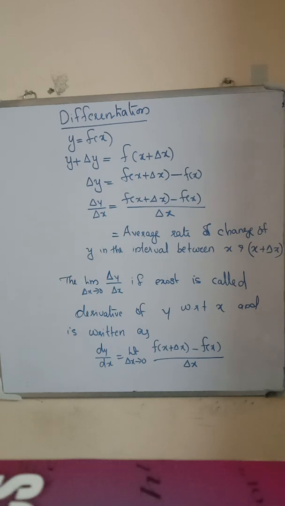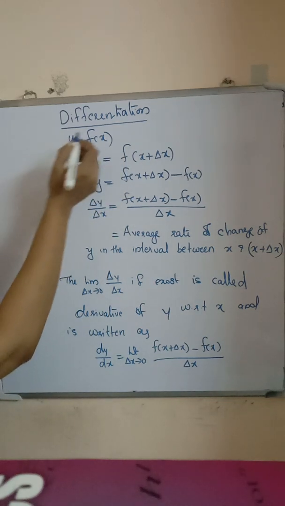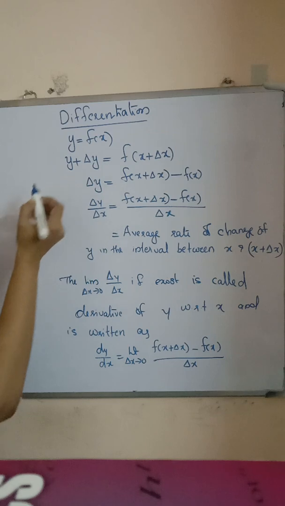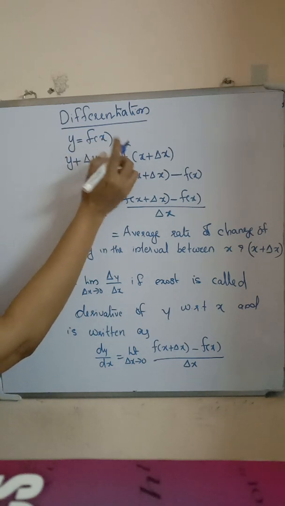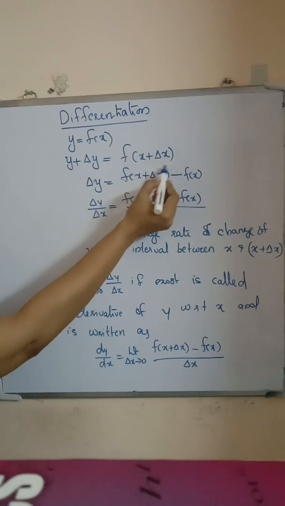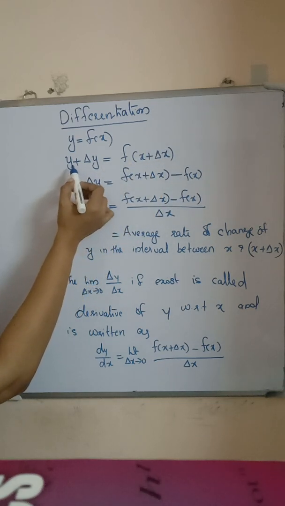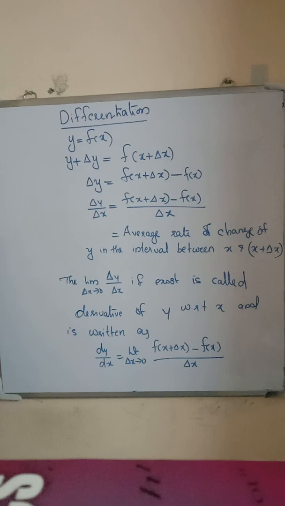Here y is equal to f of x. If y is equal to f of x is a given function, a small change in x: if x changes to x plus delta x, then y changes to y plus delta y.